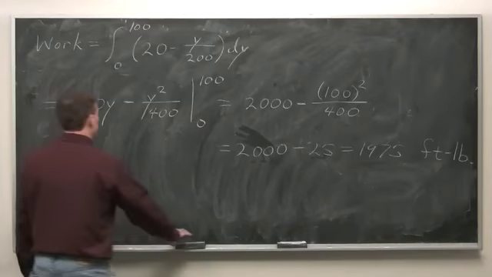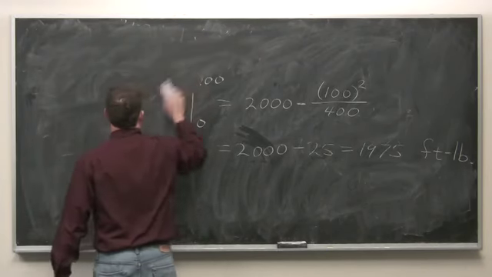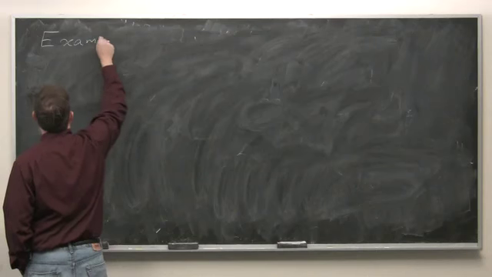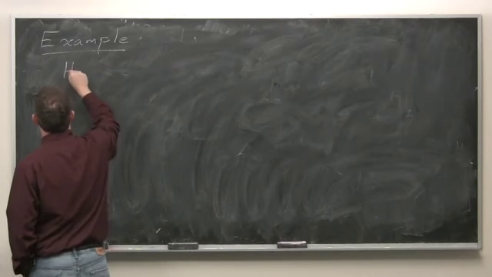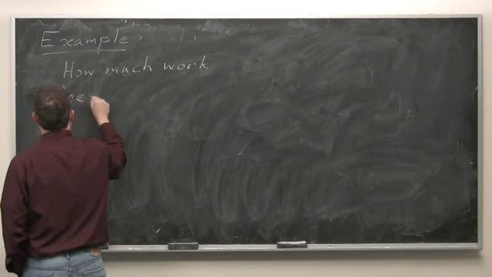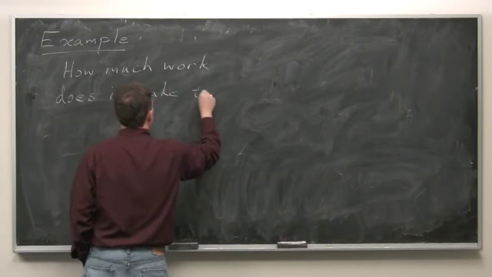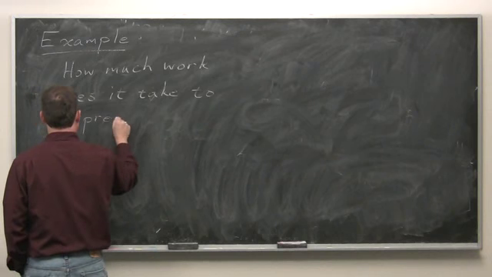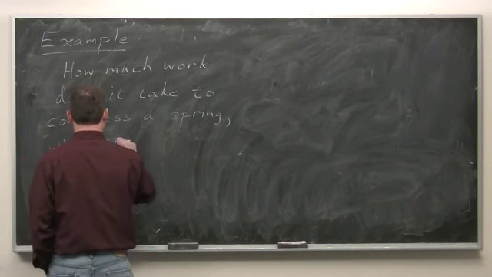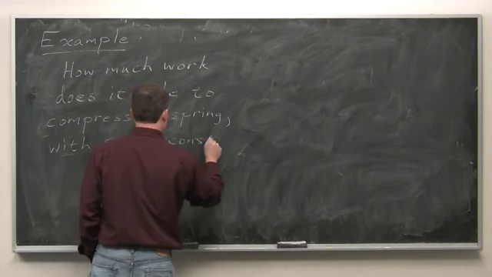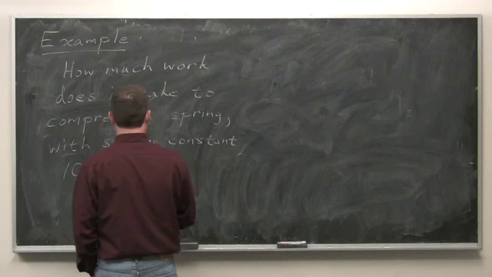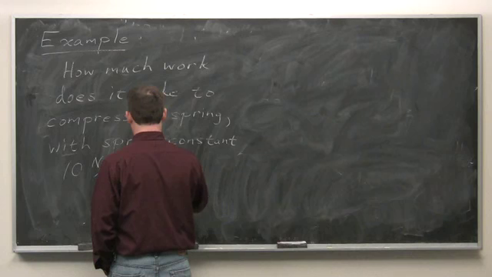So a typical question, an example: how much work does it take to compress a spring with spring constant, let's just make up a spring constant, 10 newtons per meter, by 0.5 meters?